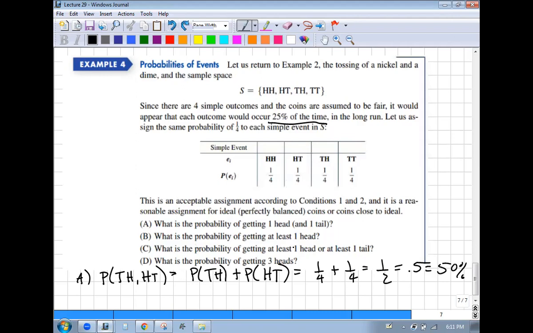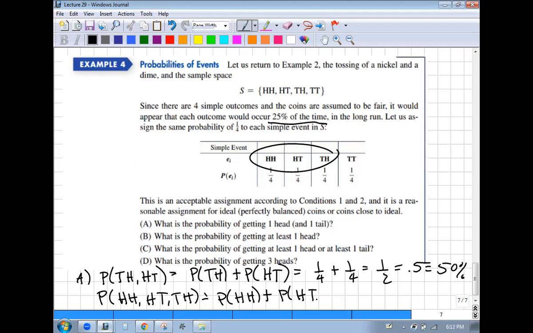What is the probability of getting at least one head? It'd be any of those 3: the probability of heads-heads, plus heads-tails, plus tails-heads, or 1/4 plus 1/4 plus 1/4, or 75%.